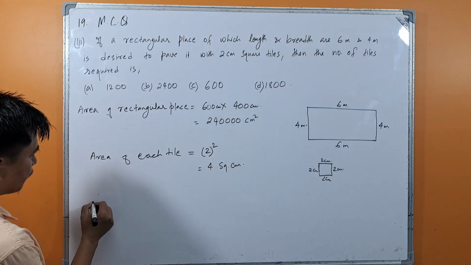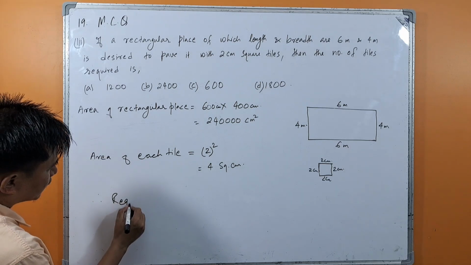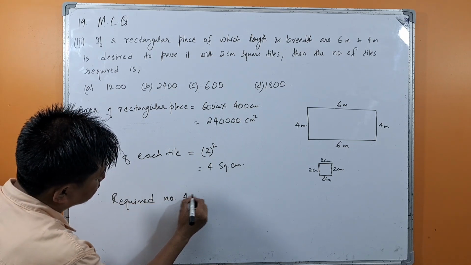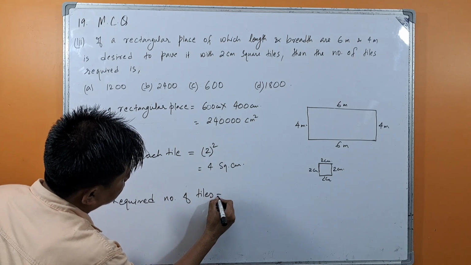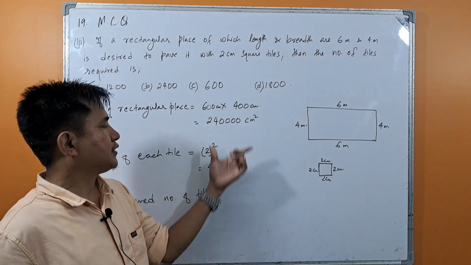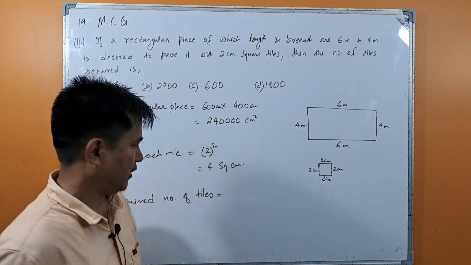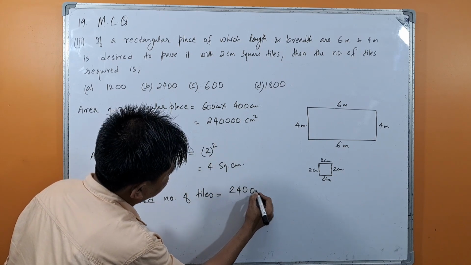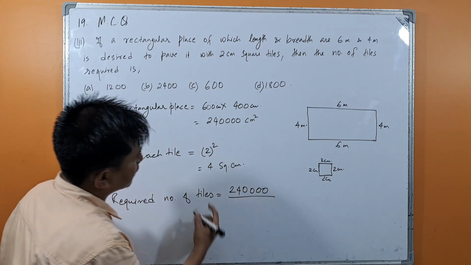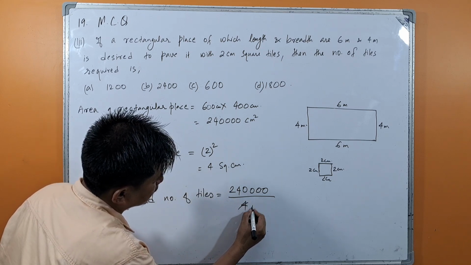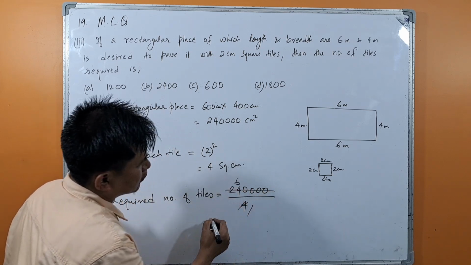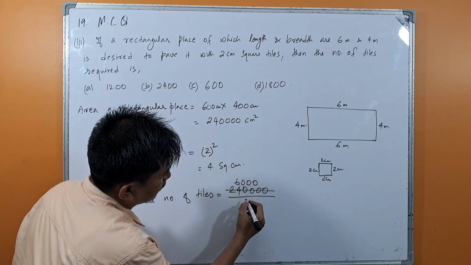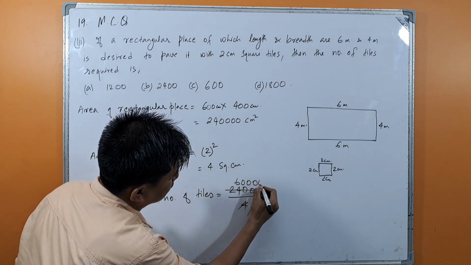Now therefore required number of tiles will be equal to total area of the land divided by the area of one tile. So total area of the land is 24 with 4 zeros divided by 4. 4 1s are 4, 4 6s are 24, and 4 zeros, isn't it?